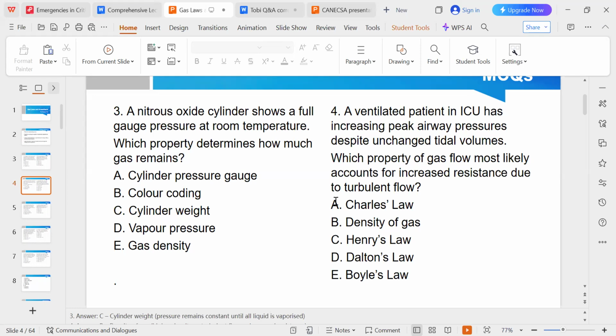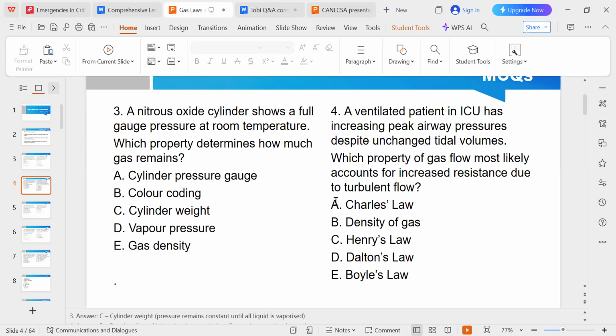Because the pressure will always be constant, because as you use nitrous oxide, the liquid vaporizes to maintain the pressure of the gas. So the gauge pressure may not change, but you measure the cylinder. What is the other name for the cylinder weight? How do we call it again? The tare weight. Tare weight, Oscar, correct, tare weight, all right.